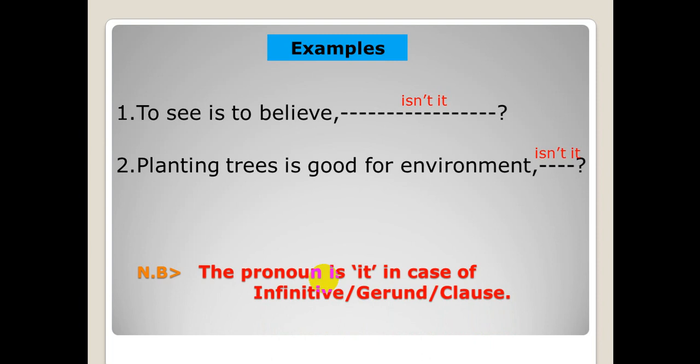In case of an infinitive, gerund or clause, it means if you find an infinitive, gerund or clause as the subject of any statement, of course their pronoun will be it, and this is why isn't it. To see is an infinitive, planting trees is a gerund.